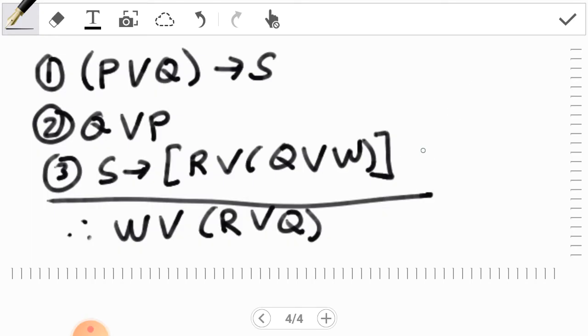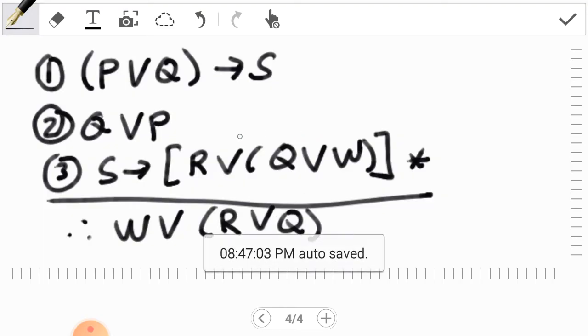We find it in premise number 3. In premise number 3, you will find here your W, your R, your Q, and they are all together. And if you look at the connectives in this section, they are similar already with the connectives in our conclusion.